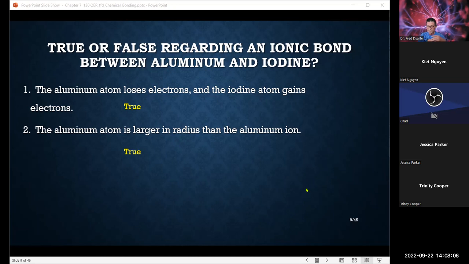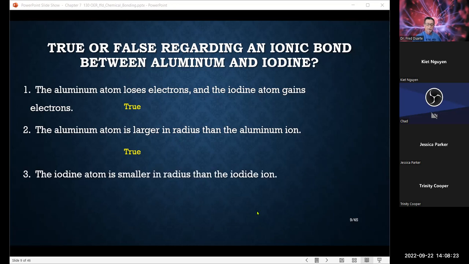Plus, as I stated in the previous slide, in losing electrons, there are more positive protons than there are negative electrons. And so those electrons that are left over are going to be pulled in even tighter. The iodine atom is smaller in radius than the iodide ion. And again, that is a true statement.